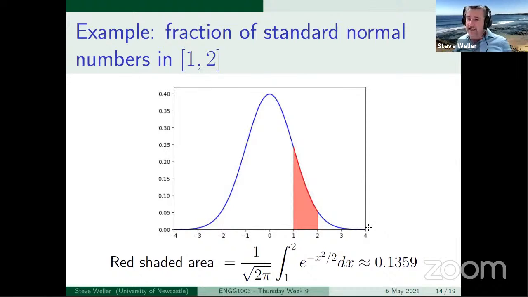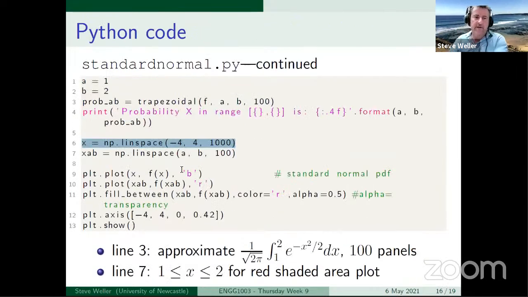It wouldn't have made much sense, because by the time we get to about 3 or 4, the blue curve has effectively reached 0. It never exactly reaches 0, but it gets very close. This is an engineering course, not a mathematics course. So by the time we're within a fraction of a percent of 0, that's close enough. There's nothing special about the plus or minus 4. It's just enough to capture all the interesting behavior of the PDF.